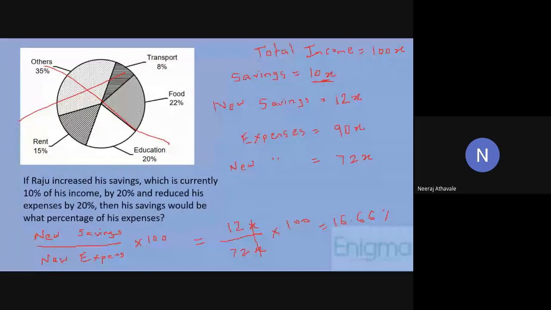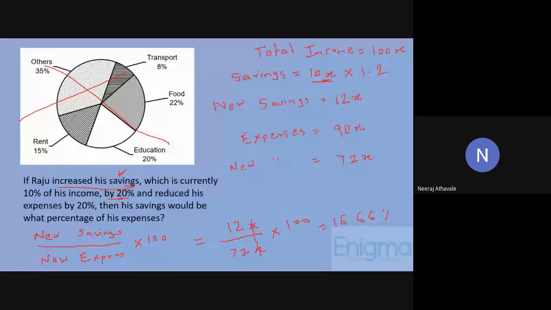Okay, now if you remember the concept of percentage increase, multiplying factor, it is similar over here. Increased his savings by 20%. Okay, so the value of savings is increasing by 20%. So savings is 10%. This gets increased by 20%. So 20% increase means the multiplying factor becomes 1.2.